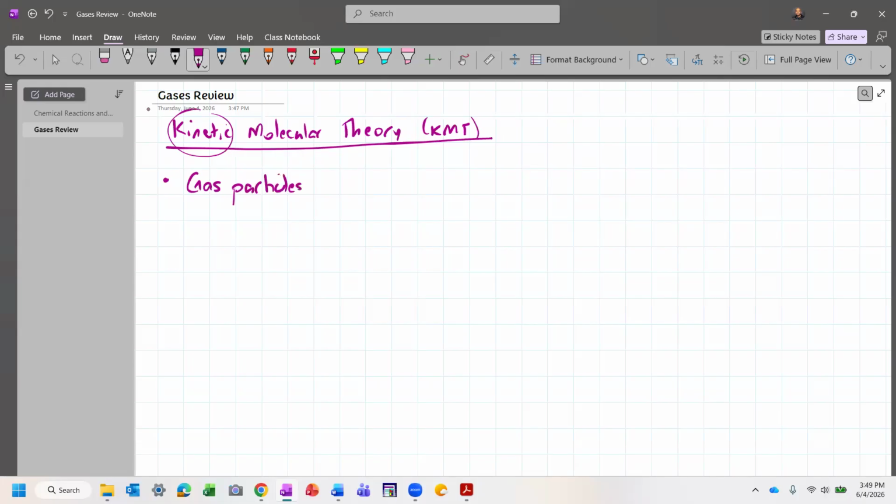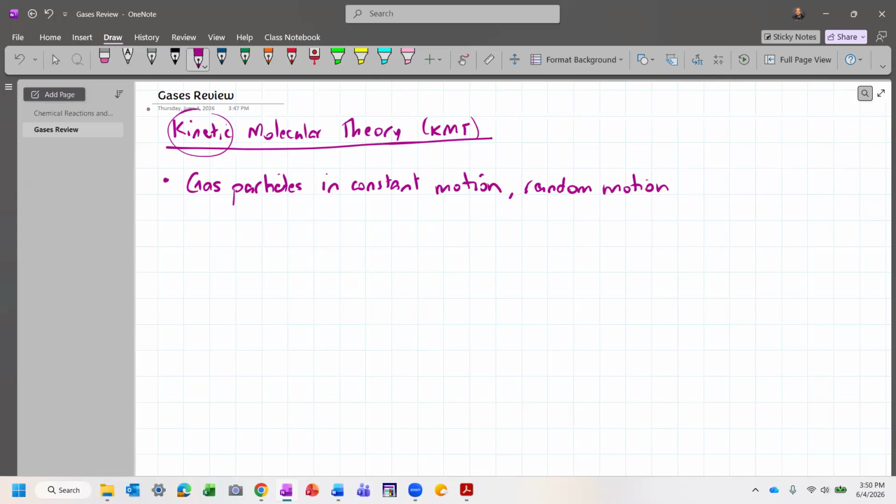These can be molecules, atoms, ions, whatever the gas particles are. These are in constant motion. They're zipping around, moving around always, and not just constantly, but also randomly. So random motion, constant motion.